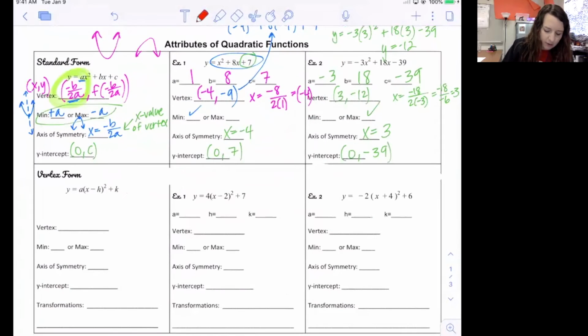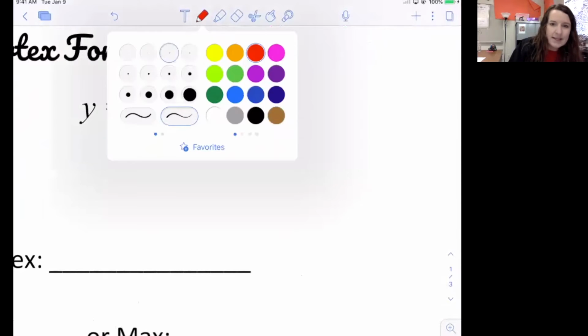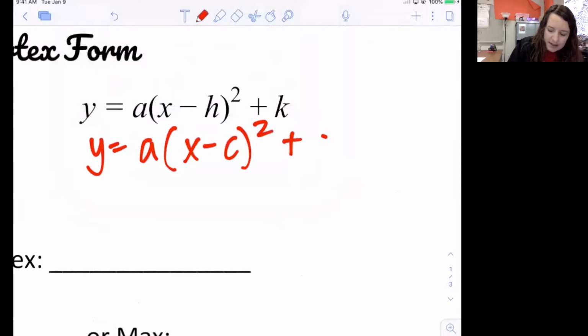Okay, so vertex form, we have this random h and k, which we've never dealt with before, but those are going to be the same thing as what we had for our c and d values in our absolute value. So you could technically write this as y equals a times x minus c squared plus d.